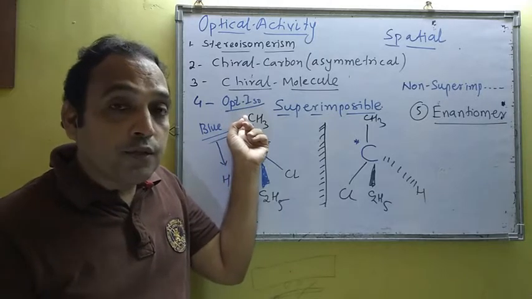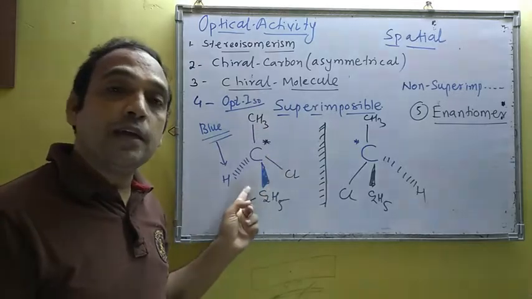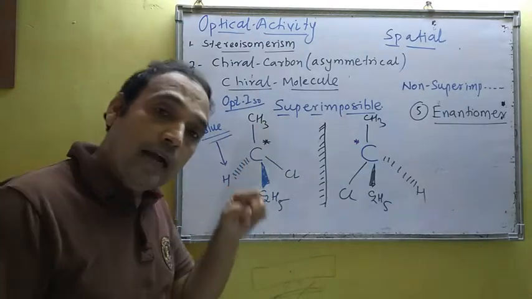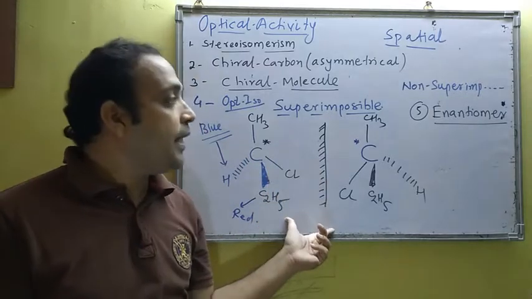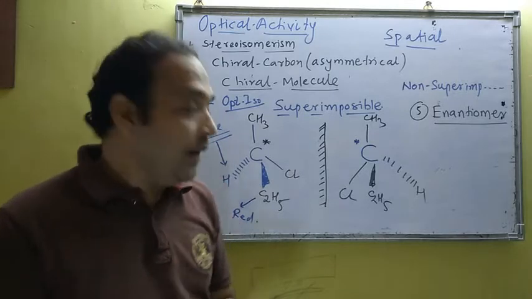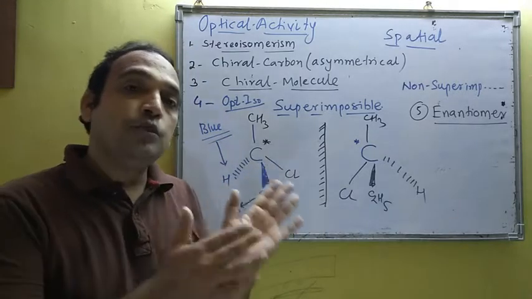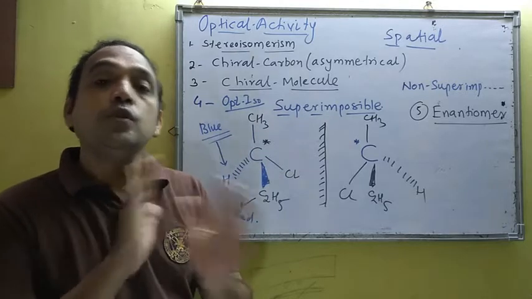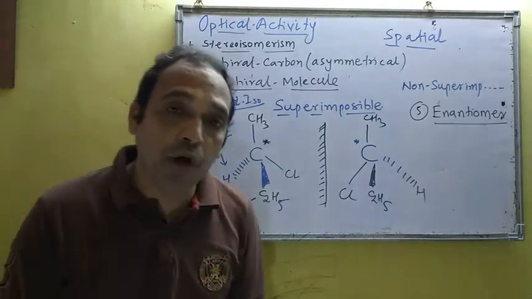Different spatial arrangement of atoms or groups around a chiral carbon is called optical isomers. And related to optical isomers, the next concept is enantiomer: the optical isomers in which object and mirror image are non-superimposable to each other are called enantiomers.